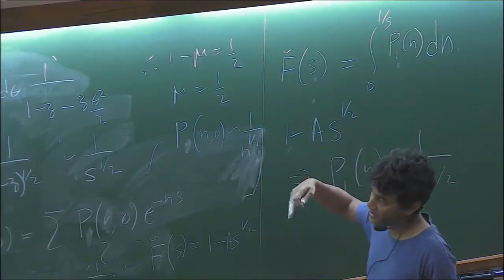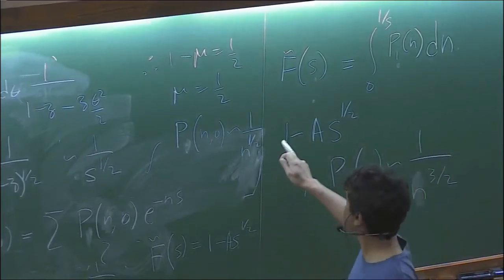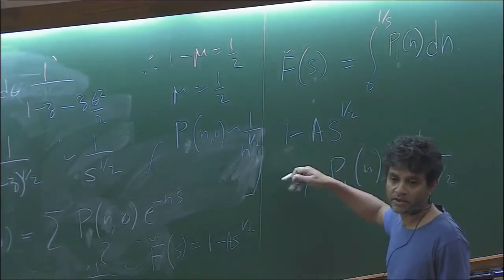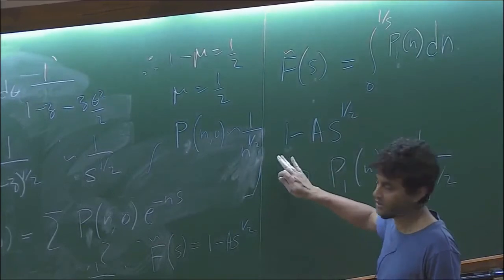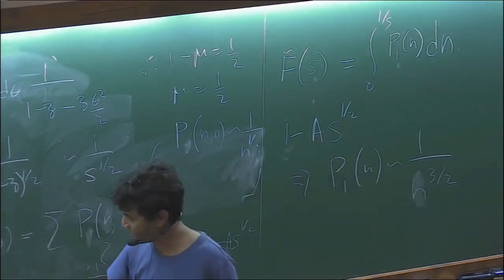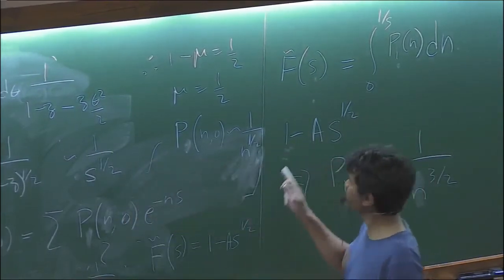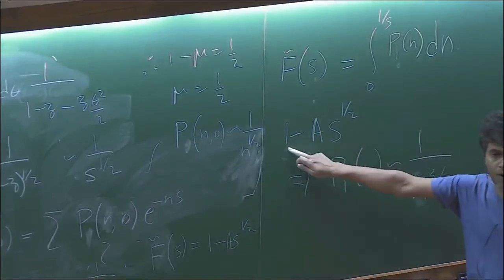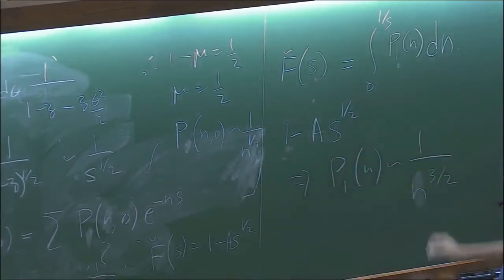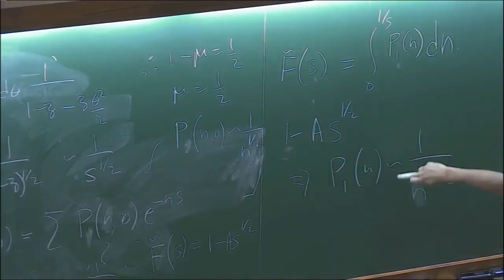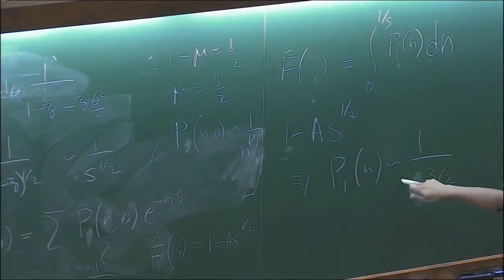So in 1 and 2 dimensions you'll have this 1. In higher dimensions you won't have this 1. Okay, so there it will be pure power law. In 1 and 2 dimensions you'll have this additional factor of 1, and then you have to write it like this. Okay, and from this you can see that this is true. Okay, so let me just explain from here to here.